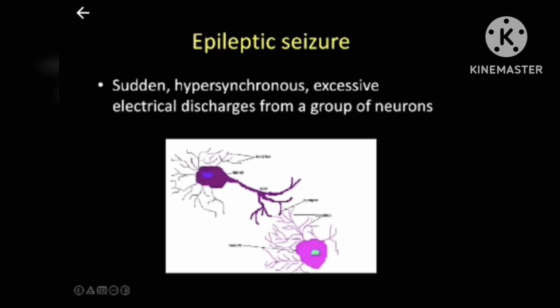Each part of the brain communicates with the other part by means of electrical signals, which are then converted into chemical signals, and that's how there is an electrochemical gradient. This is how all our normal functions happen.